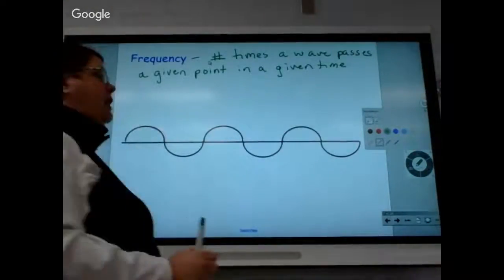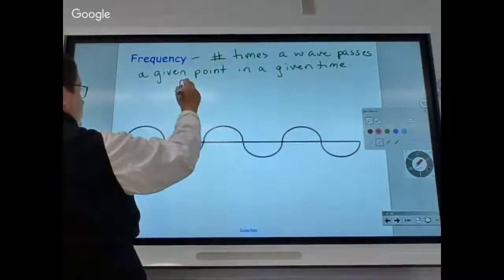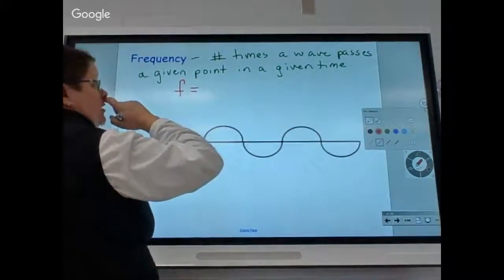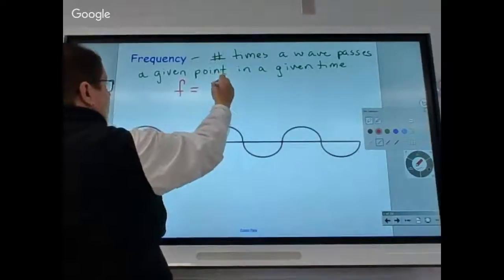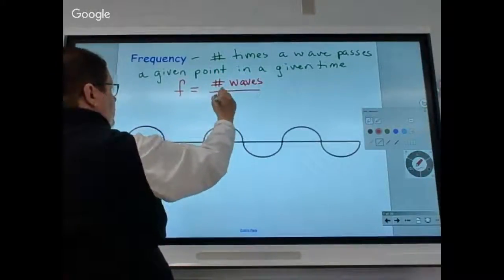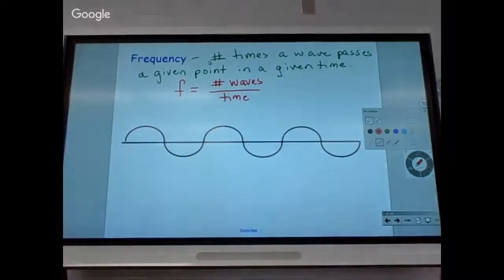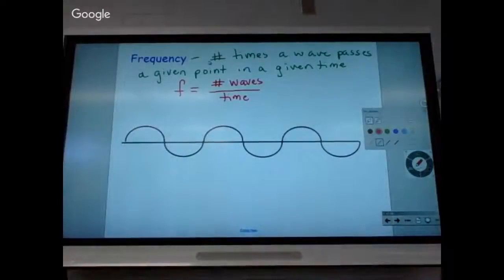So when we want to calculate frequency, frequency actually has a formula. Based on our definition, it's the number of waves over the time. Now, when we do this in physical science, I make students draw waves, and I let them pick any time they want to pick when they draw their waves. And they pick the weirdest times, all right?